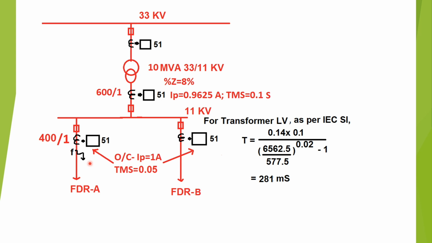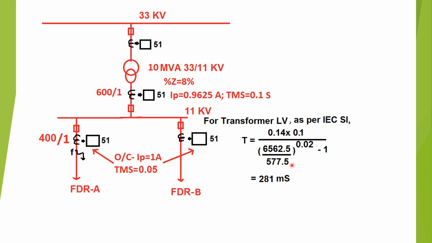Now, due to the fault at point F, what will be the relay trip time for the transformer LV overcurrent relay? For the transformer LV overcurrent relay, as per IEC standard inverse curve, trip time is 0.14 into TMS. Here TMS is provided in the relay as 0.1 second, divided by PSM to the power 0.02 minus 1.